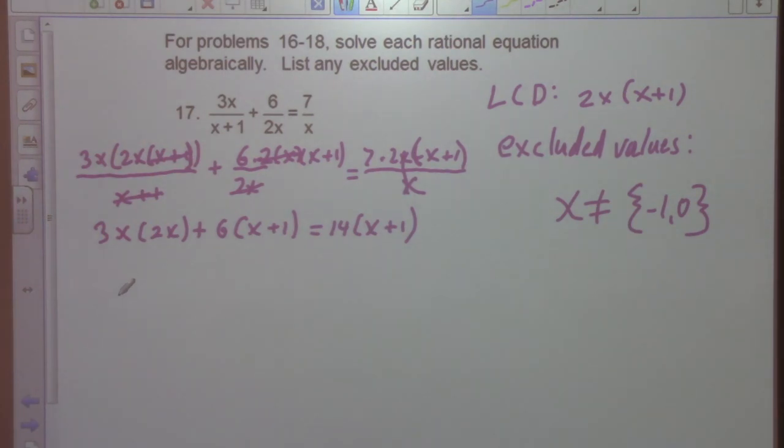Distribute. Distribute property. So we got 6x squared plus 6x plus 6 equals 14x plus 14. Okay, what next?